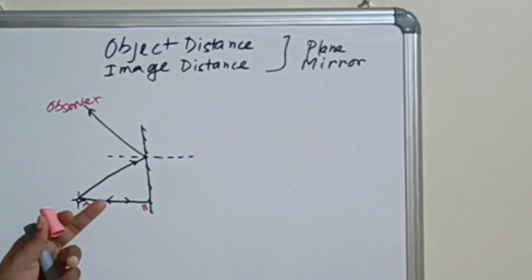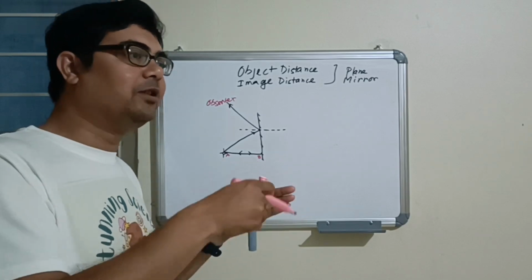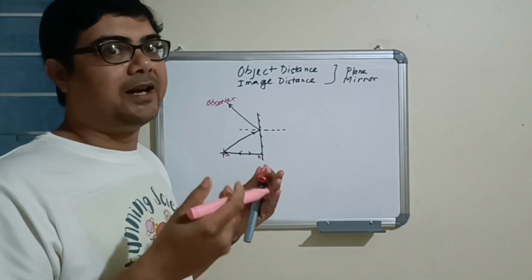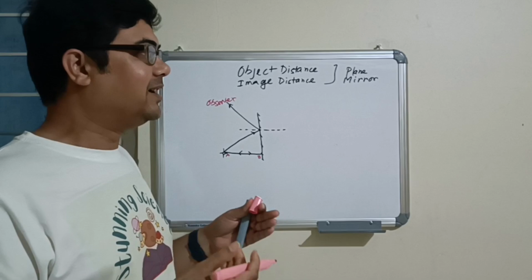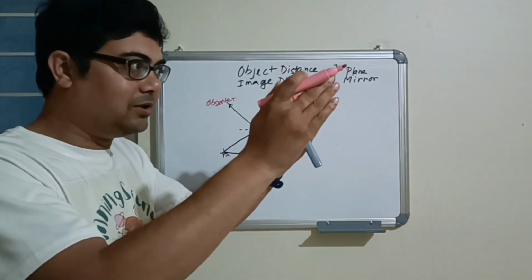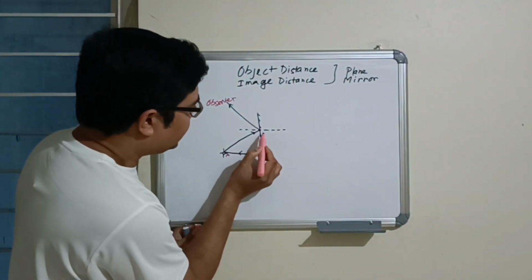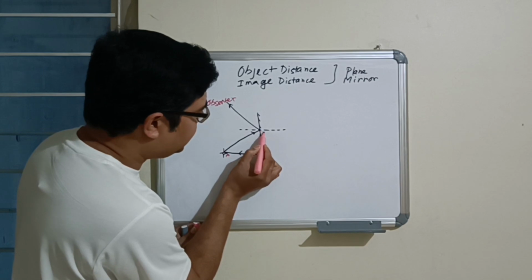The observer will observe the image along a straight path, not along a bent path, because human eyes have the tendency to observe anything along a straight path, not along a curve or bent path, right? So the observer will see along this.